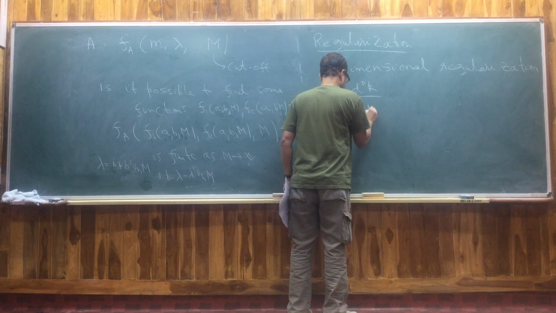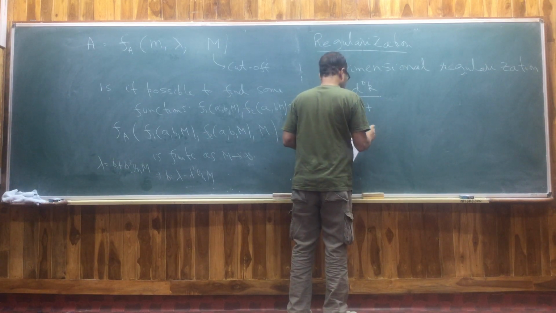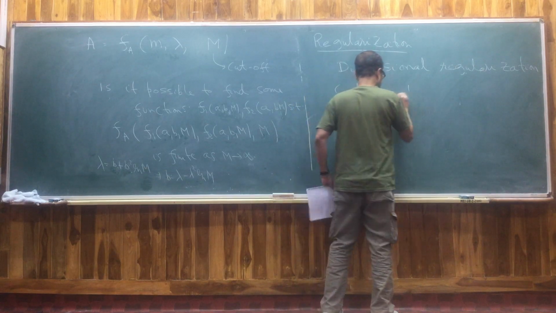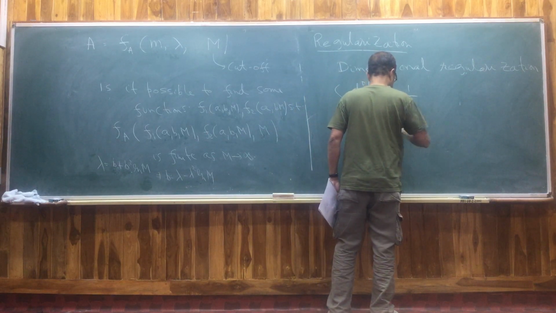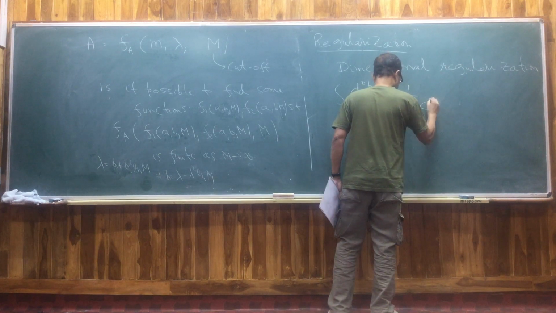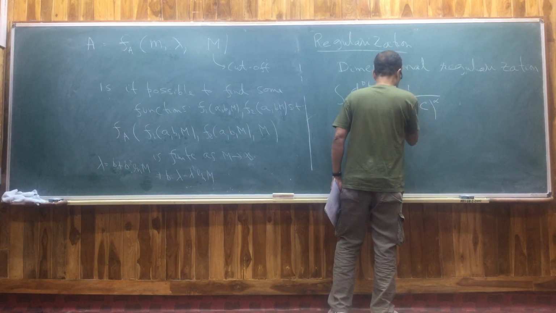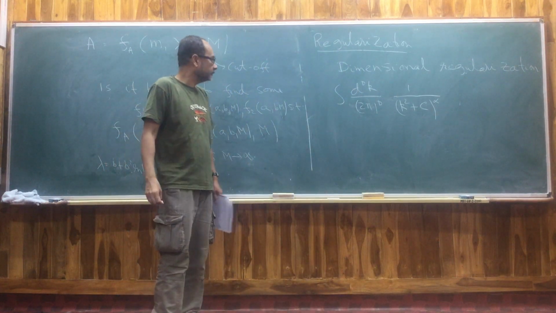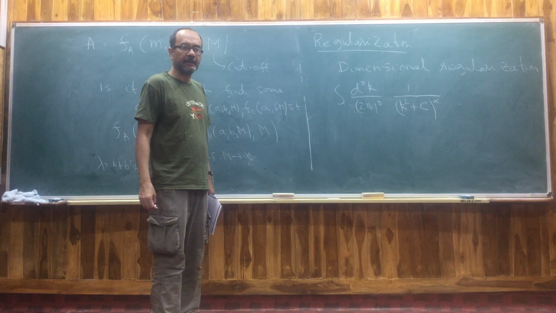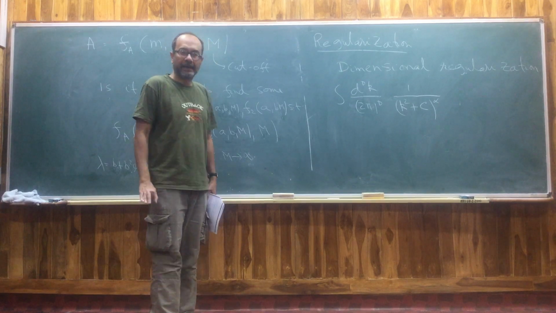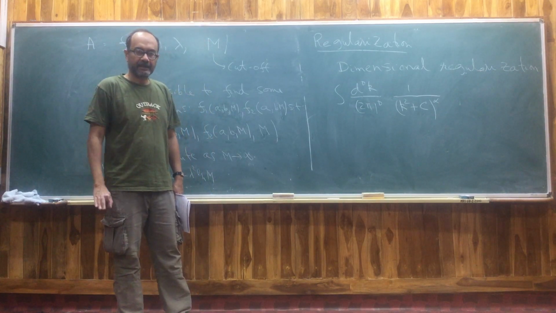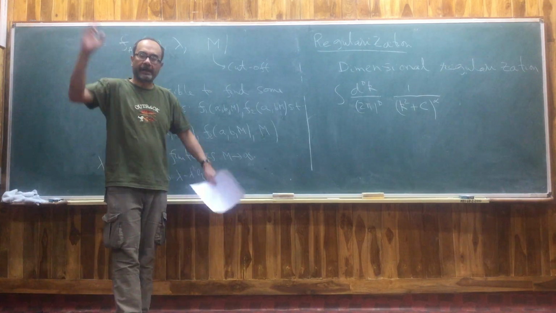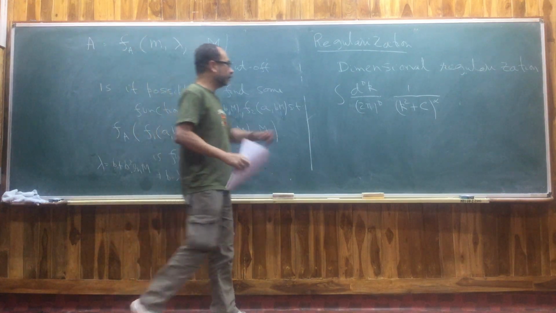The integral d^d k over (2 pi)^d, of 1 over k squared plus something, with k going from minus infinity to infinity. We are not going to put any cutoff capital M now. You are going to make this finite not by putting a cutoff, but by taking d to be small.